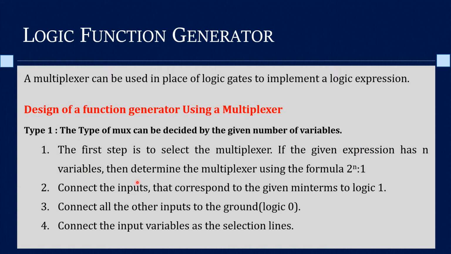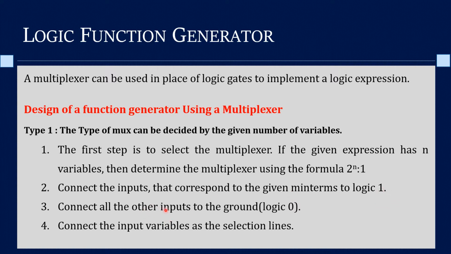Then the second step is to connect the inputs that correspond to the given minterms to logic 1. In the truth table, we will know that the minterms whose output is logic 1 are the ones in the sum. Or if you are given a Boolean expression, the minterms given in the expression will be connected to logic 1.